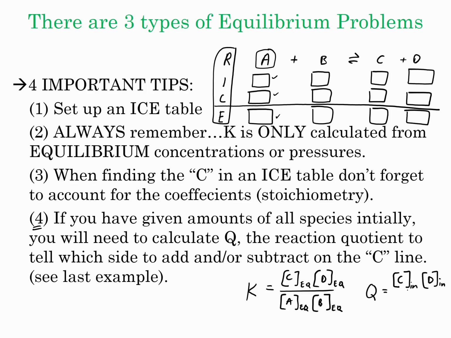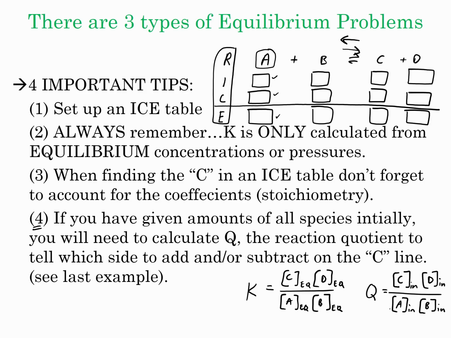It's just like K, but you do it with the initial amounts, and it's going to tell you which way the reaction will go, whether it shifts this way or this way. It also has to do with Le Chatelier's principle, which is, I believe, the last section.